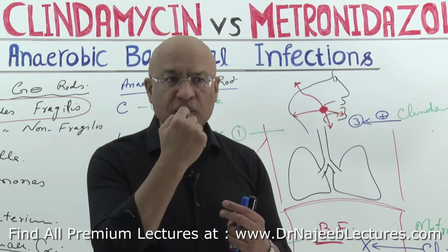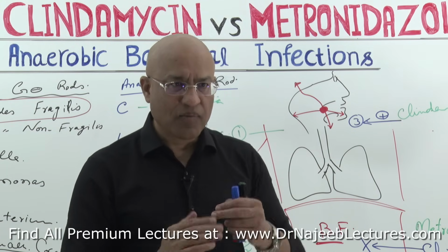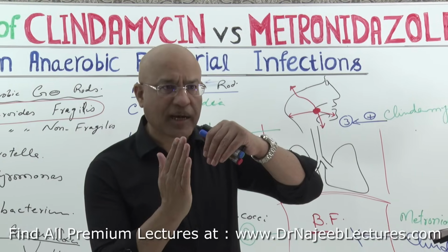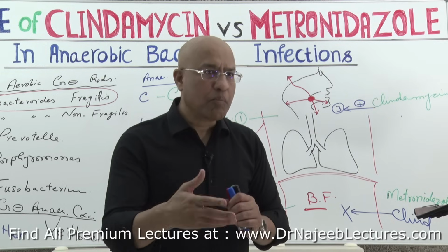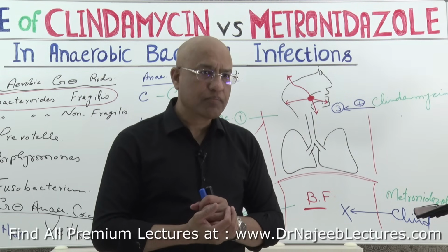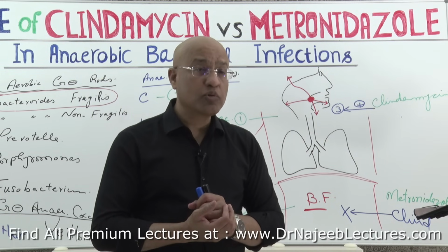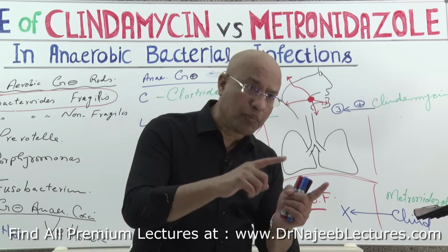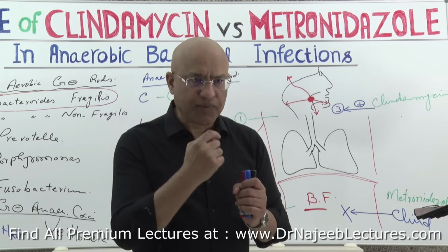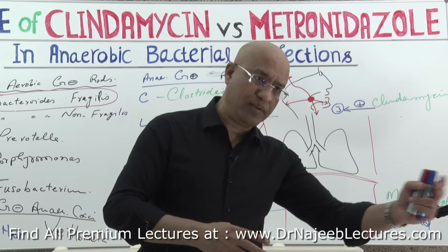And if you go to the gingival crevices between the margin of the gums and the teeth, there is a relatively more anaerobic environment. There are so many anaerobes that the ratio of anaerobic to aerobic in the gingival crevices is 1000:1.